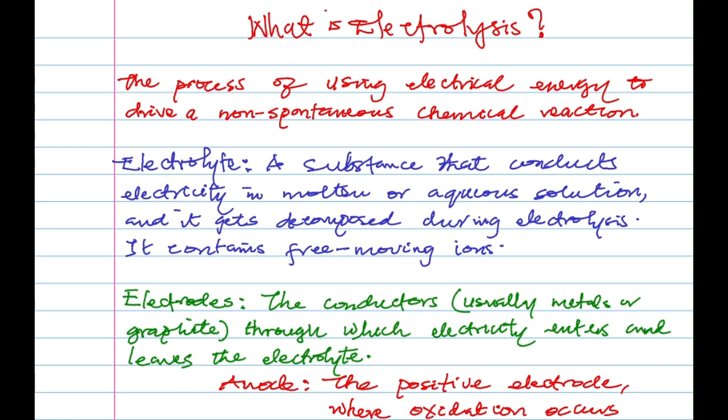If you remember metallic bonding, it is a bond between metal cations and free mobile electrons. What makes a metal a good conductor of electricity is the free moving electrons. But in electrolysis, the charge carriers are ions.